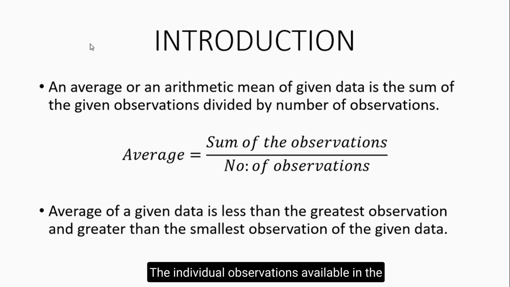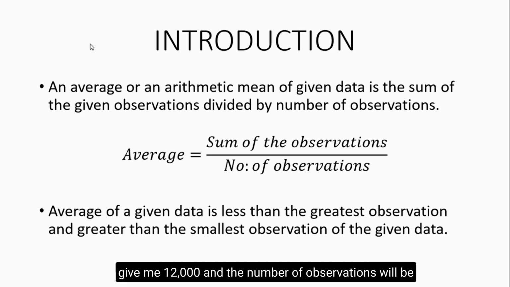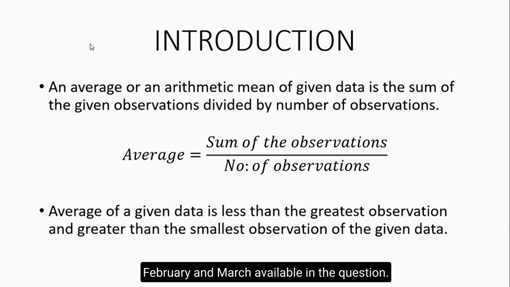The individual observations available in the question are 2000, 3000 and 7000. So I need to add all three, which will give me 12,000. And the number of observations will be equal to 3, since there are only 3 months, January, February and March, available in the question. So average is equal to (2000 + 3000 + 7000) divided by 3, which will give me 4000.